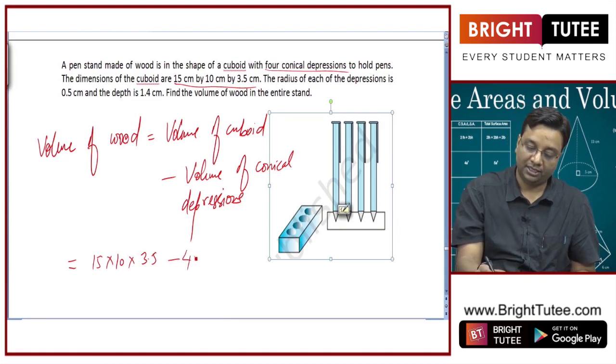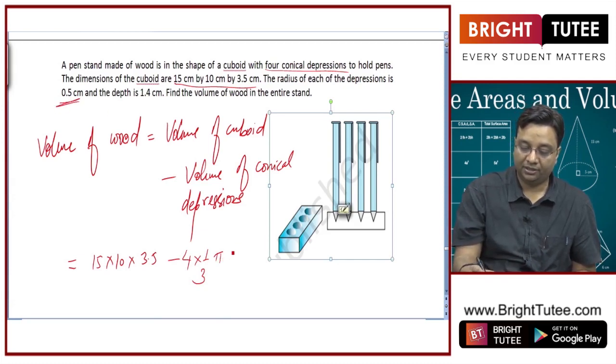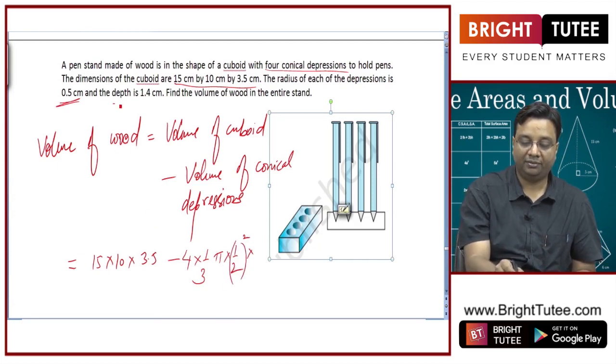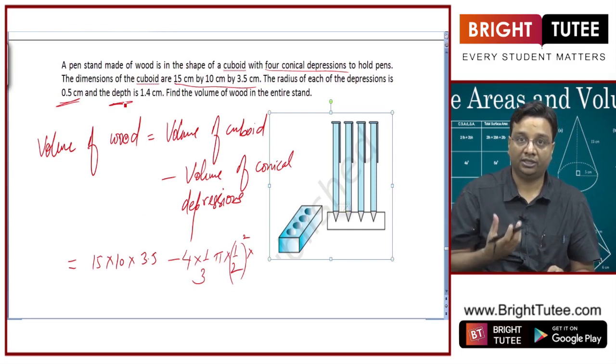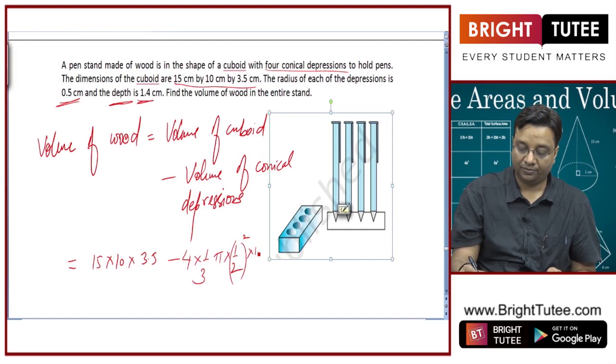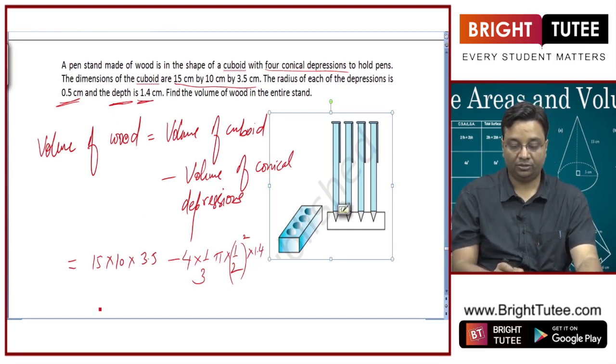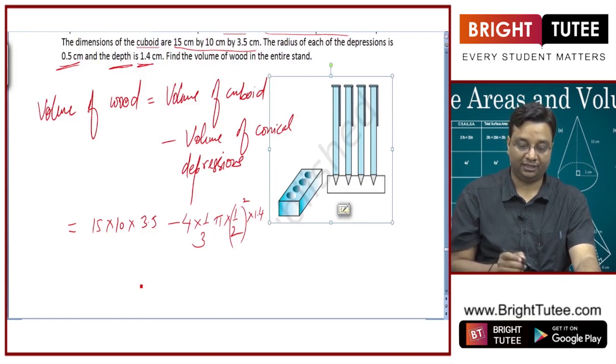So 4 into 1 by 3 pi radius squared. What is the radius of one depression? 0.5. So 0.5 can also be written as 1 by 2, squared, into depth of the conical depression, which is 1.4. Once you do this calculation, it will give you your final answer.